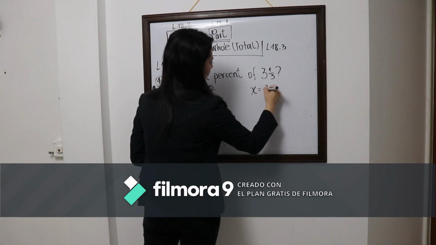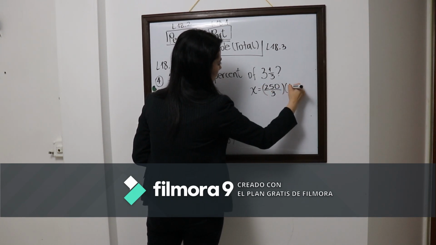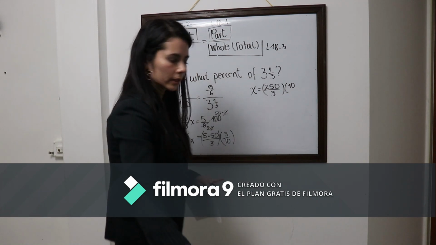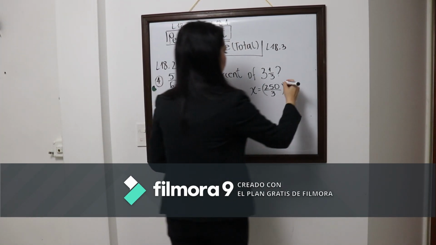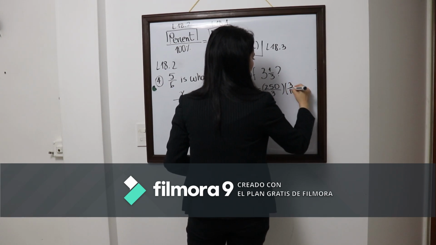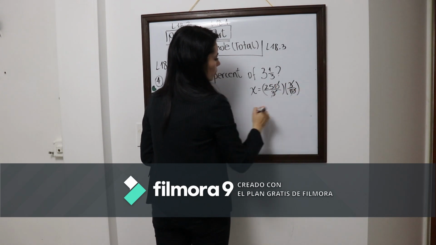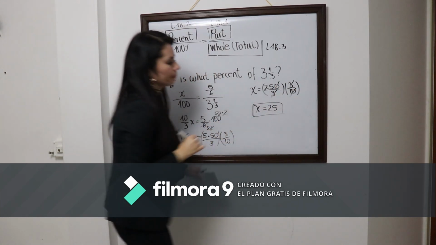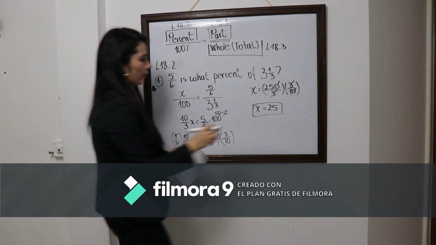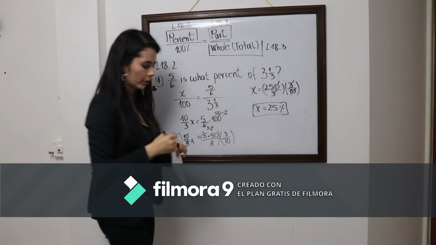Well, this is 250 over 3 times 3 over 10. 3 over 10. And of course, as you can tell, we can actually cancel things out. So I know it's going to be 25. See? And so we know that of course it's got to be 25%, since we were trying to find the percent, okay?